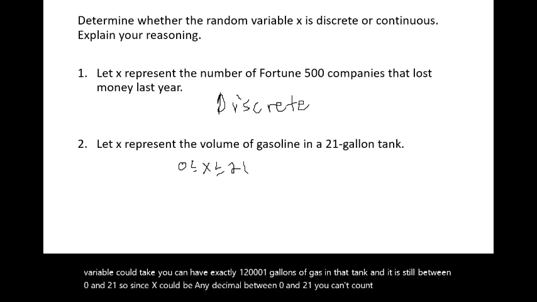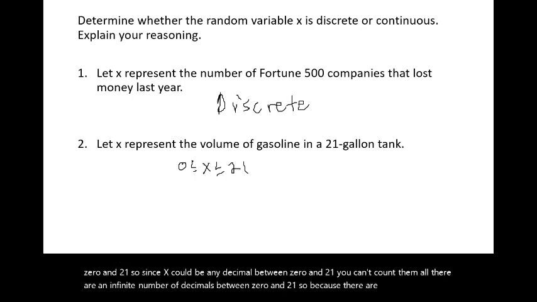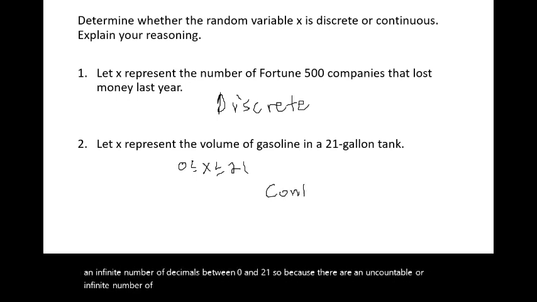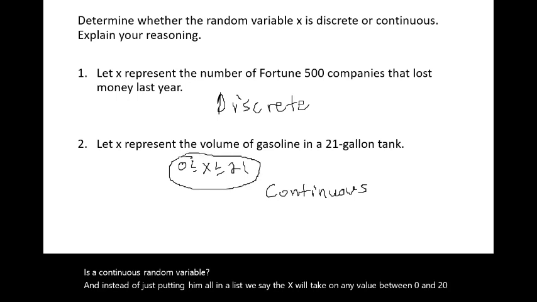There are an infinite number of decimals between 0 and 21. So because there are an uncountable or infinite number of outcomes, this is a continuous random variable. And instead of just putting them all in a list, we say that x will take on any value between 0 and 21. So this is what is called an interval.